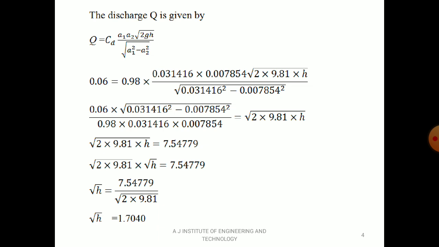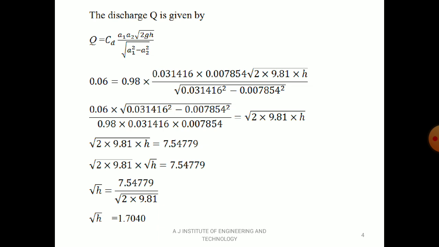So 0.06 equal to 0.98 into 0.031416 into 0.007854 into square root of 2 into 9.81 into H divided by square root of 0.031416 square minus 0.007854 square.